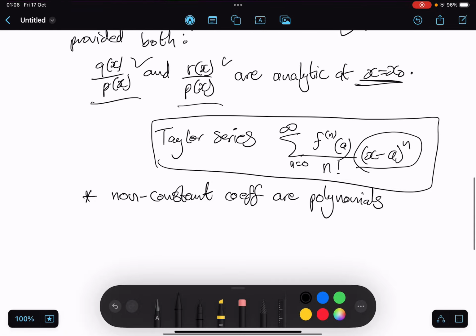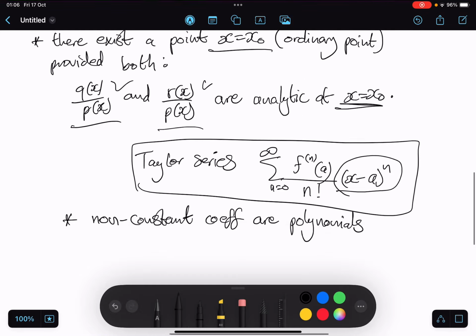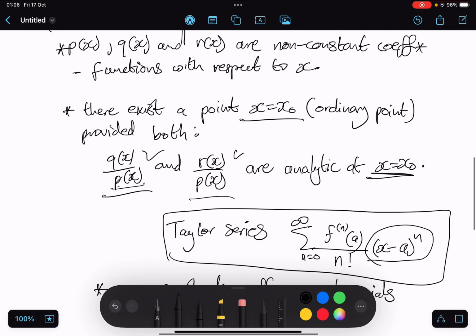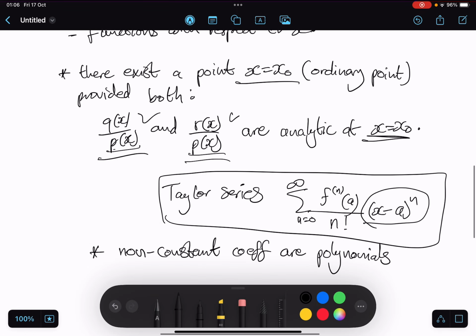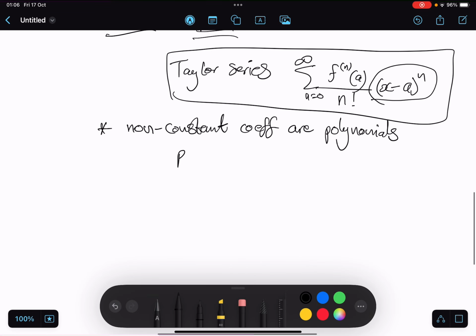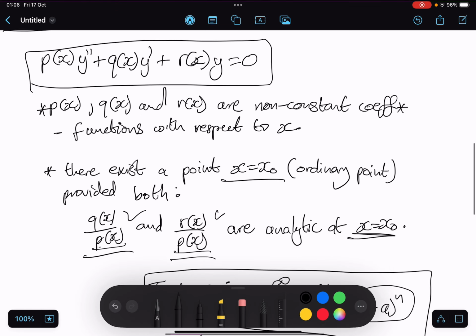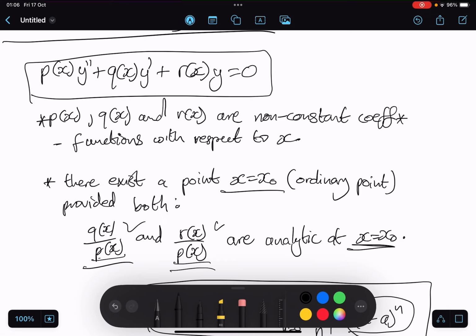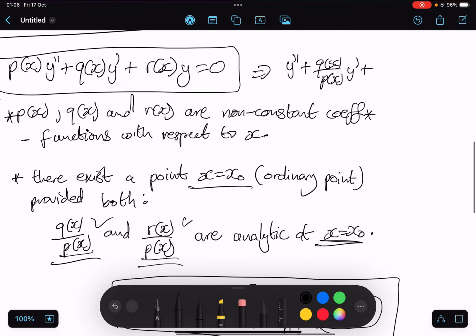Because p of x is a denominator, p of x shouldn't be equal to 0. If you divide everything by p of x, you get y double prime plus q of x over p of x times y prime plus r of x over p of x times y is equal to 0.